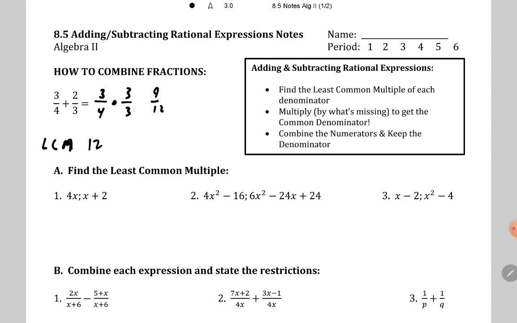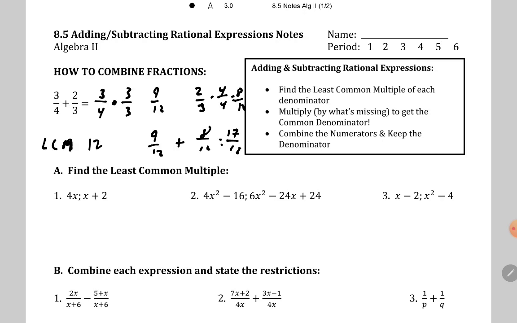And then the second fraction, 2/3: to get the denominator to become 12, we're going to multiply it by 4. So I'll get 8/12. So I have 9/12 plus 8/12 equals 17/12. And then we get our answer.